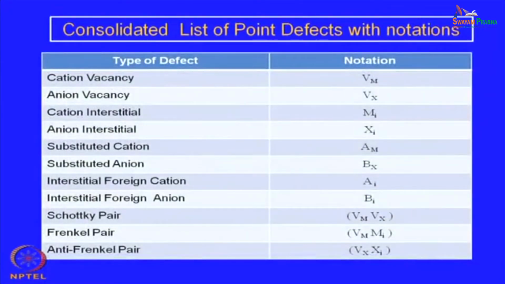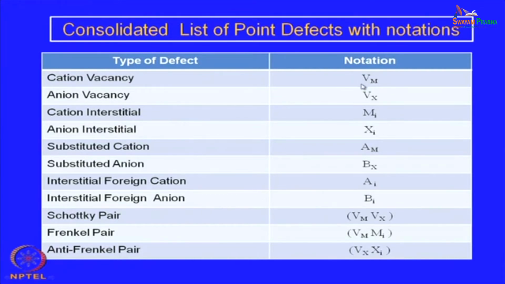All these defects are normally denoted by some notations, and these are standard notations. Throughout this discussion we will be using them. So, let us have a look at these notations. These are like this: cation vacancy is denoted by Vm, that is vacancy, subscript is the site.